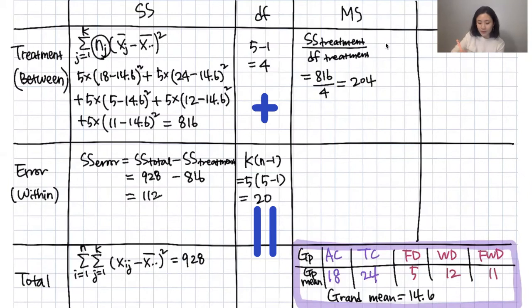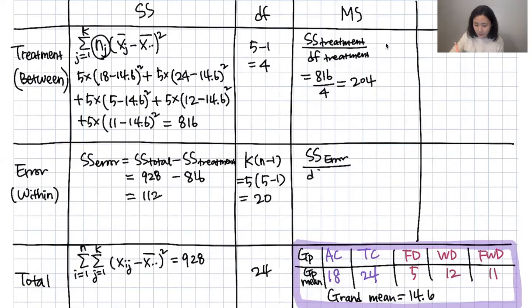So 4 plus 20 is 24, so degrees of freedom of total is 24. And MS error is sum of squares error divided by degrees of freedom of error. So 112 divided by 20 is 5.6.